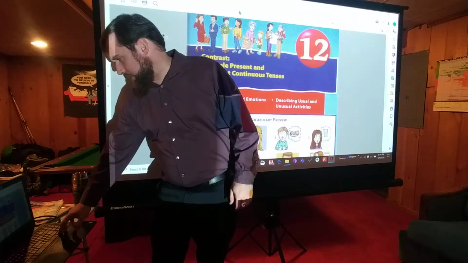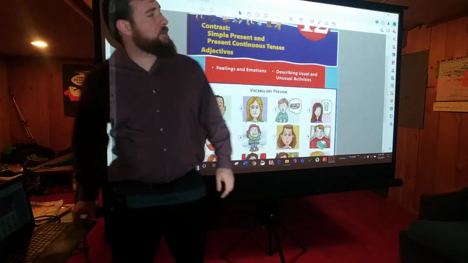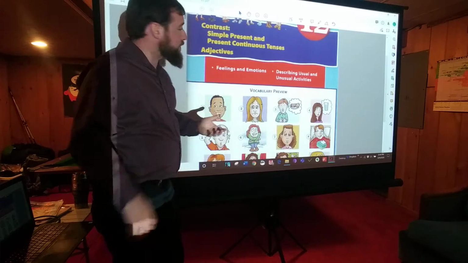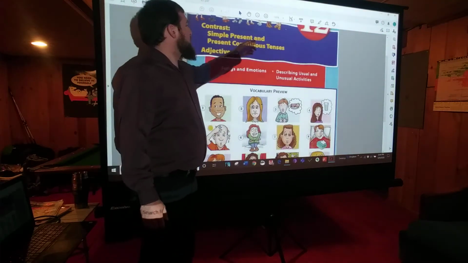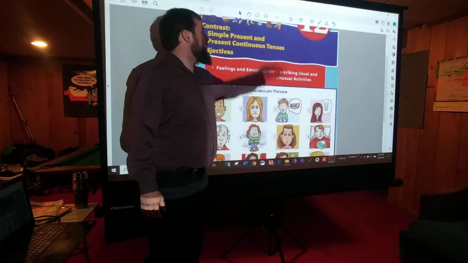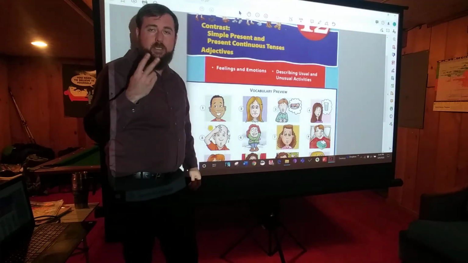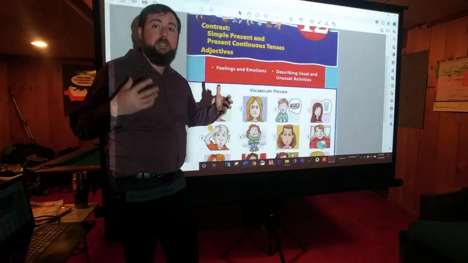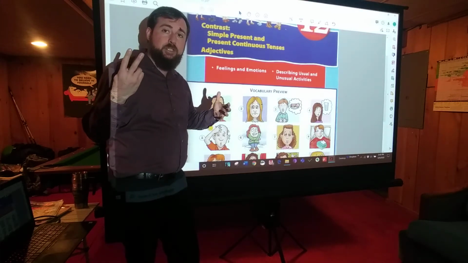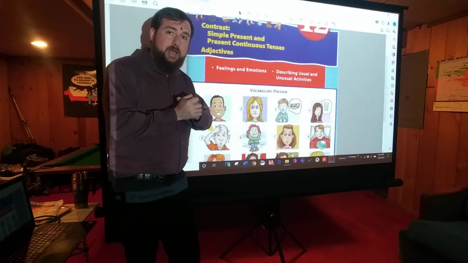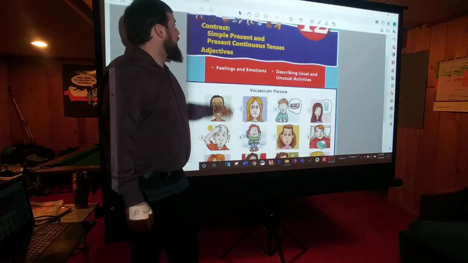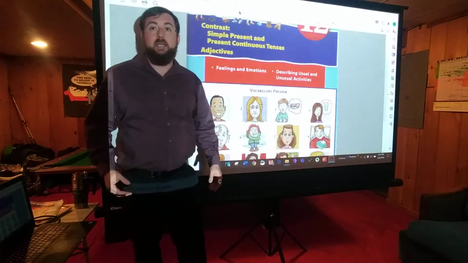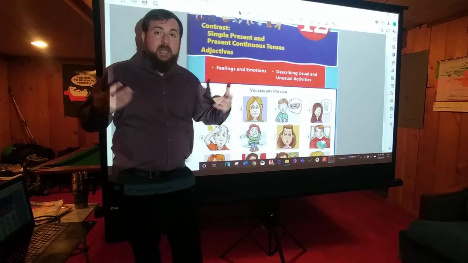So this chapter, as you can see here, we have contrast, find the difference in something, contrast simple present and present continuous tenses. So we're using two tenses and we're looking at the difference between them. So this is kind of review, taking two things we learned in two different chapters and reviewing them in one chapter. I like that. Remember, simple present tense is what we've been doing a lot with. That's like saying, I eat pizza every day.